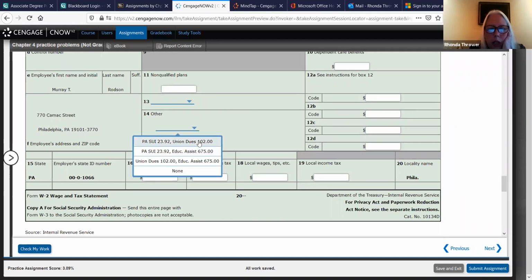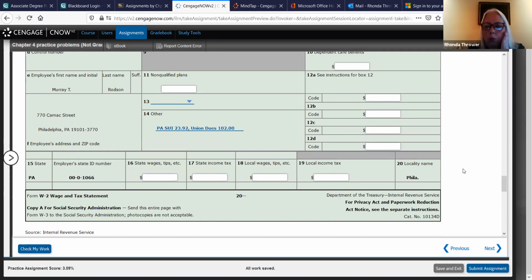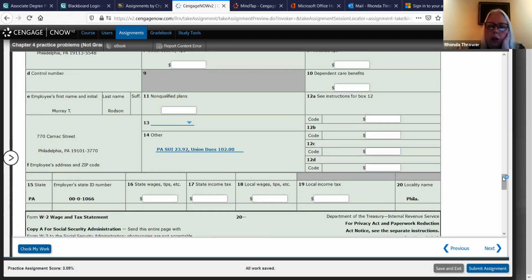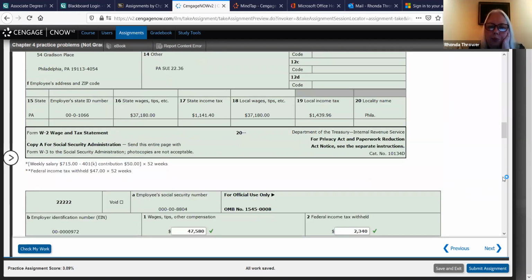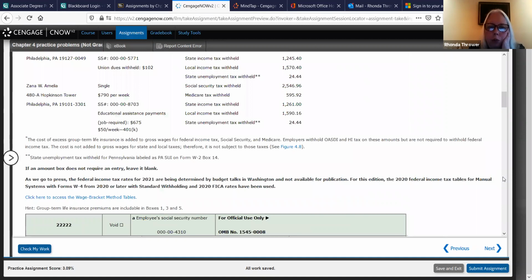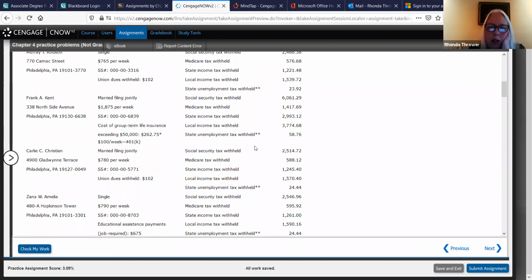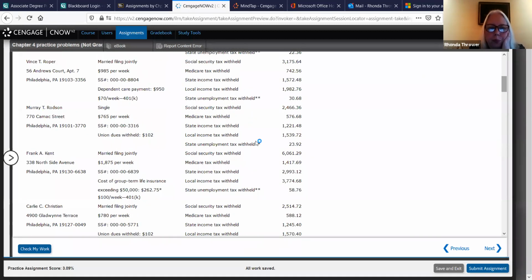And you see here they got the union dues for this person, and they've got some state unemployment in the other column. So all of these employees are going to be subject to that state unemployment. So you know that's going to go in the other column for all of them. And that's where they got the amount there, but the union dues had to go in that other column.